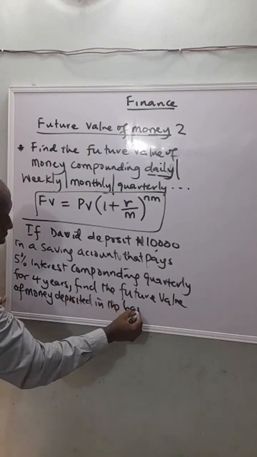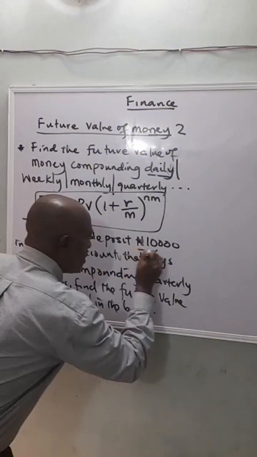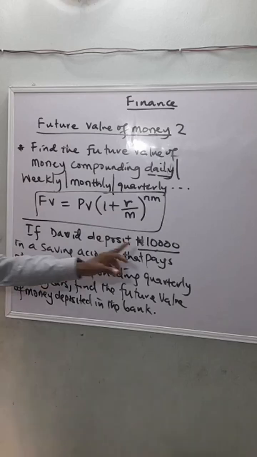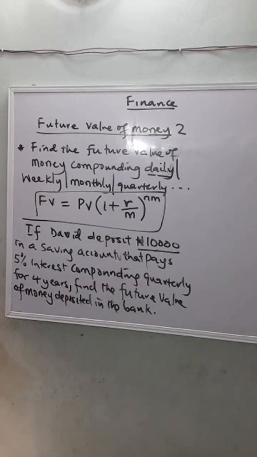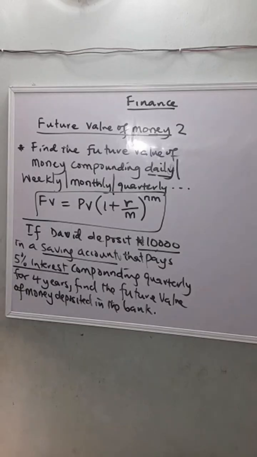What this simply means is that David deposited 10,000 naira in the bank. That 10,000 naira is the present value, the money he deposited today. In a savings account, showing there's an investment here, and this savings account pays interest of 5%.